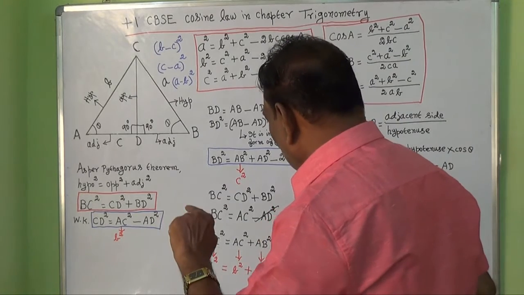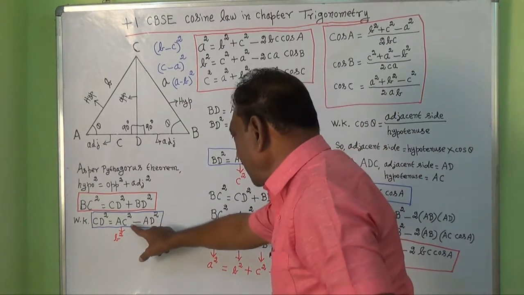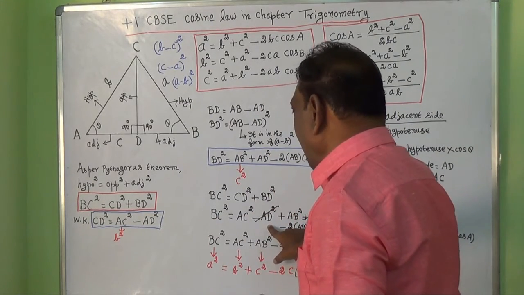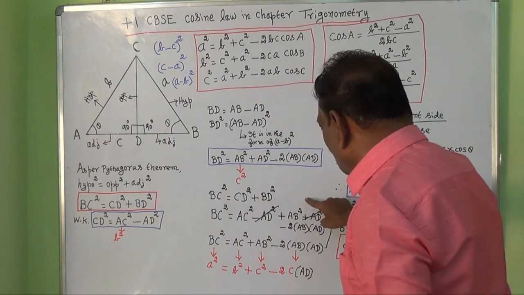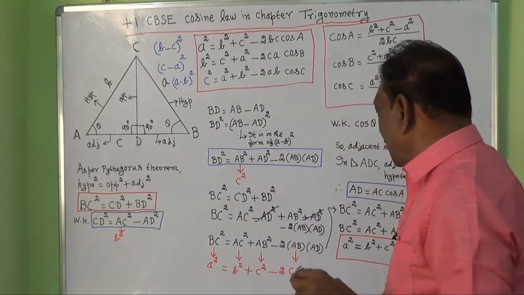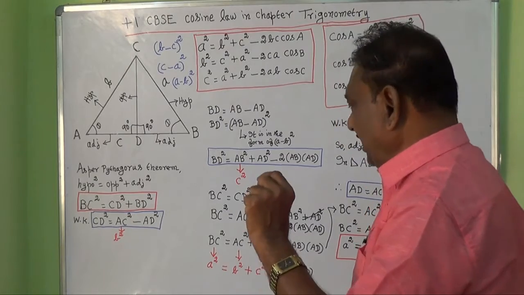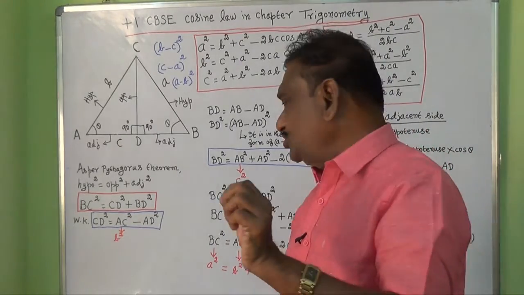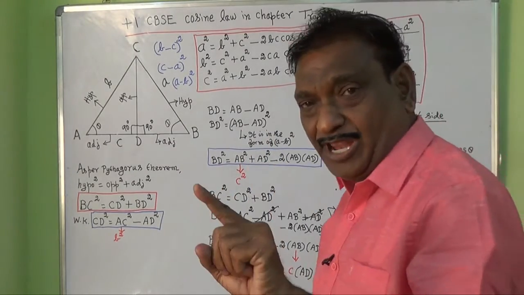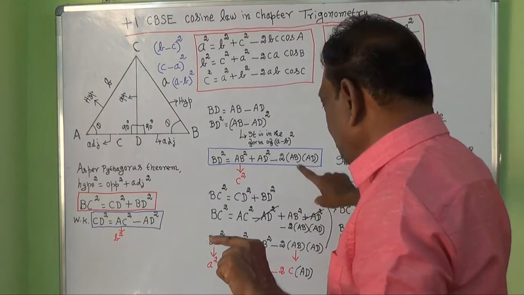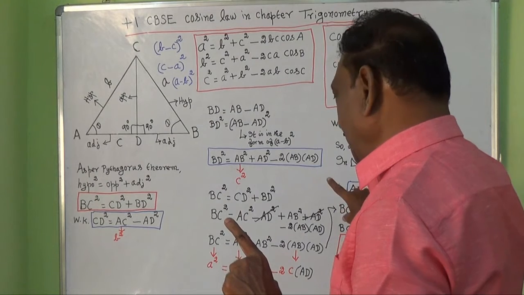If we substitute CD square as AC square minus AD square and BD square as AB square plus AD square minus 2 AB into AD, we will get the equation BC square equal to AC square minus AD square plus AB square plus AD square minus 2 into AB into AD.